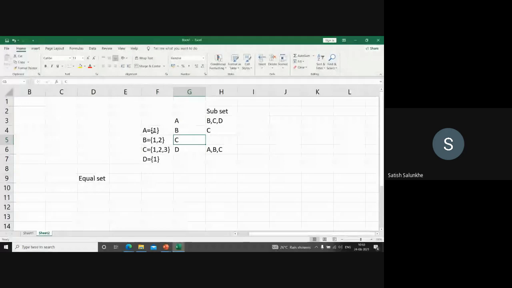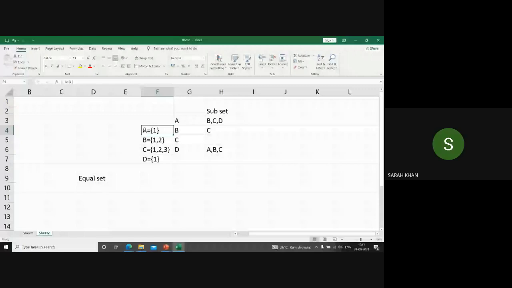Is it satisfying the property? What is the property? When we say one set is a subset of another set, when all the elements of set A are also belonging to set B, then we say set A is a subset of set B. So I just want to know, is A a subset of set A?